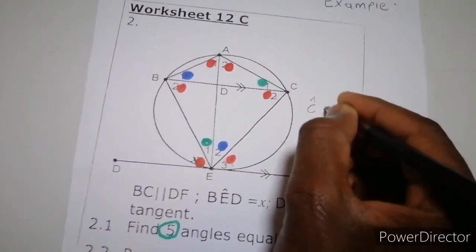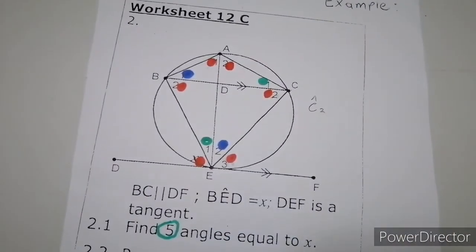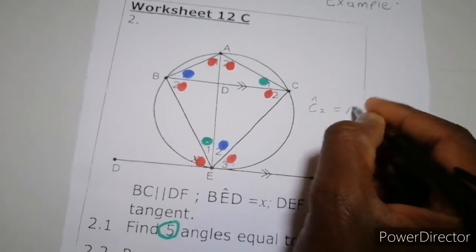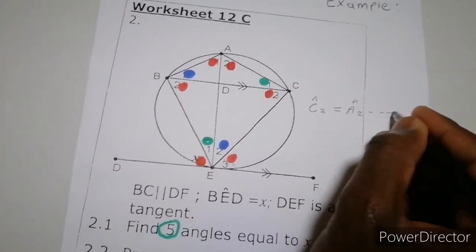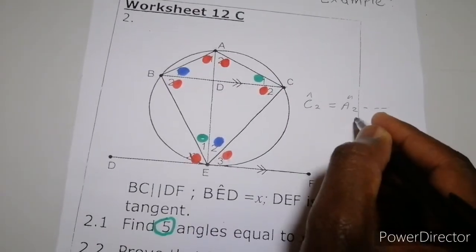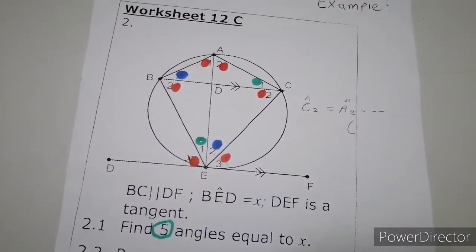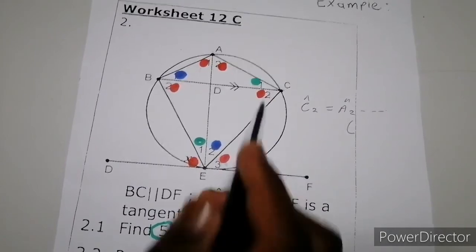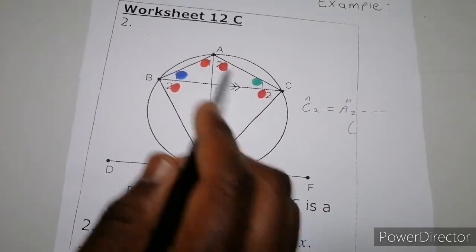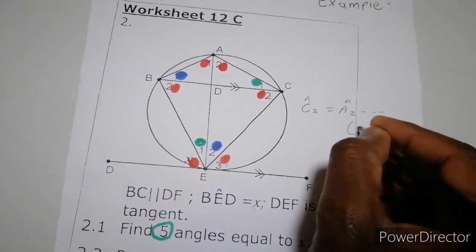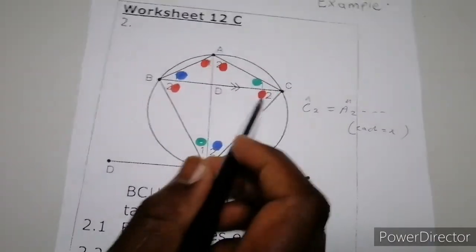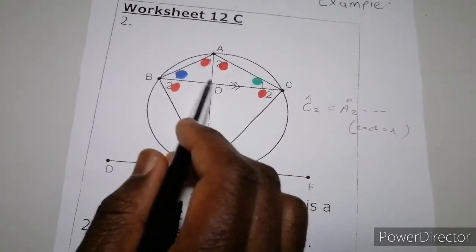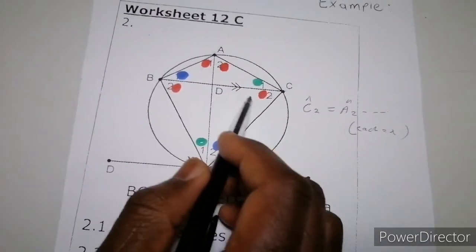What we're going to say is that angle C2 is equal to angle A2. What is the reason? Each equal to x, because from the first question, we proved that each one is x. Now, if these two angles are equal, Tarncourt theorem is satisfied.